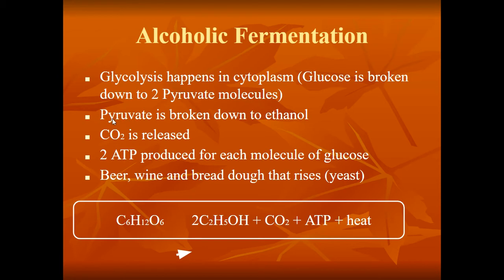Instead of our pyruvate being broken down into acetyl-CoA, it is broken down instead into ethanol. We get some CO2 released during this. We have 2 ATP produced like we always do.